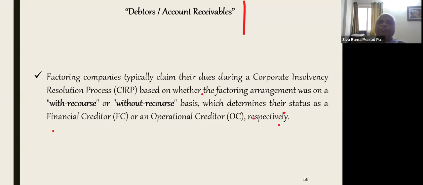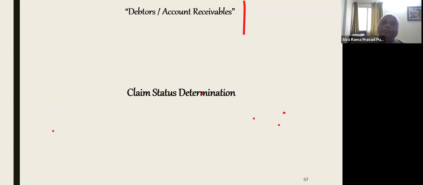In without recourse, the factoring company will not file any claim, and with recourse, it files as a financial creditor. Once the bills are purchased, I will discuss the consequences in detail.